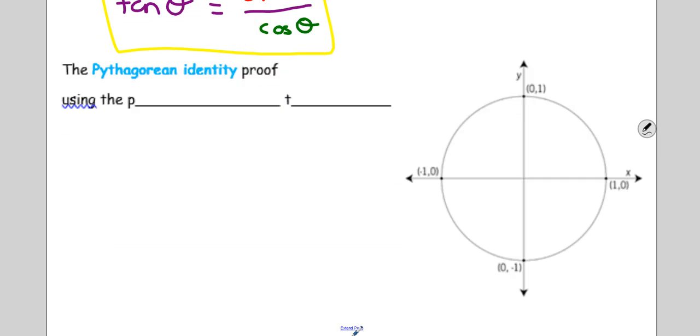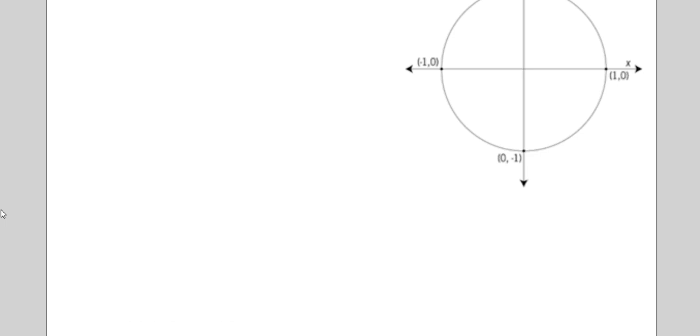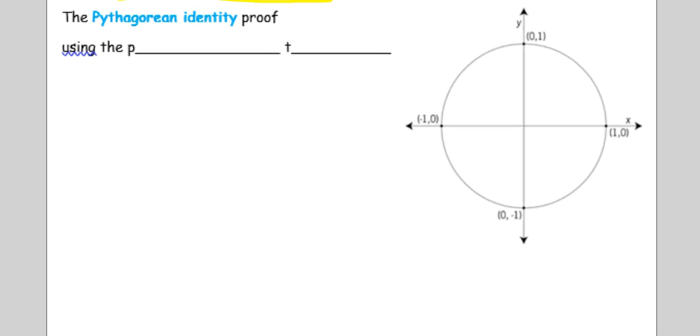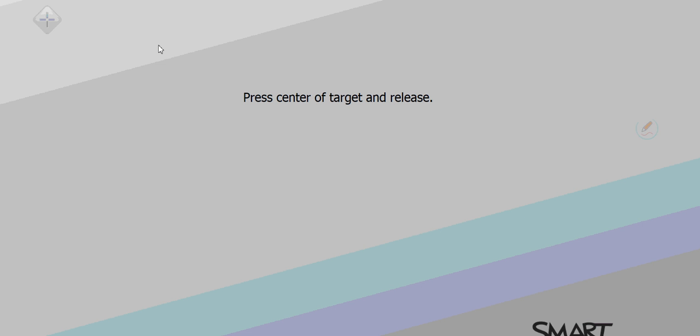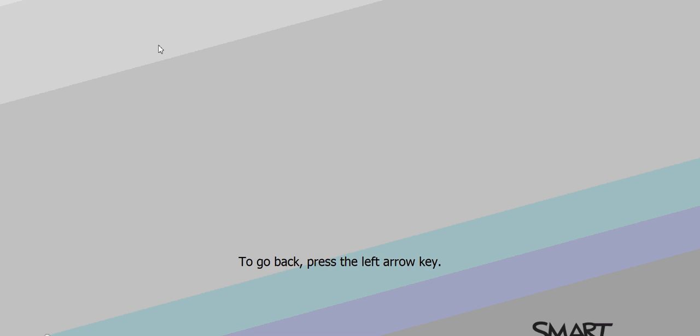Okay, the Pythagorean identities. I'm asking you a question. I don't know. You always just show the answers every single time.